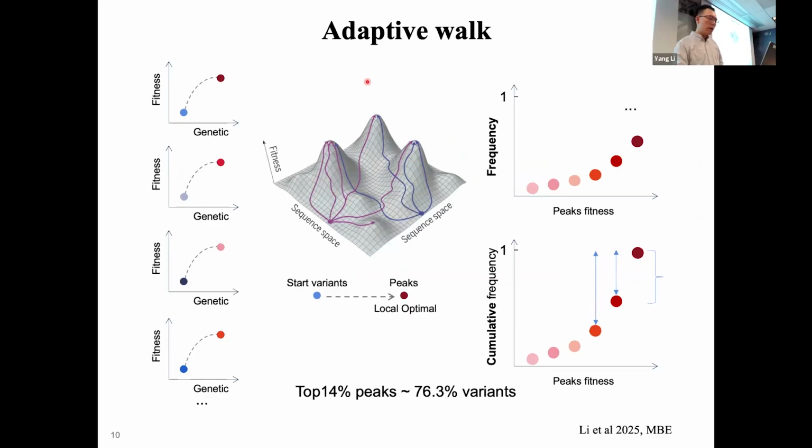When we do this kind of adaptive walk, we found the frequency with which each peak is reached is very different. So the variation is not irrelevant, because a high peak has a high frequency of being the end point. For this study, the top 40% of peaks attract about 70%, 76%, of the references when we assign a random reference.